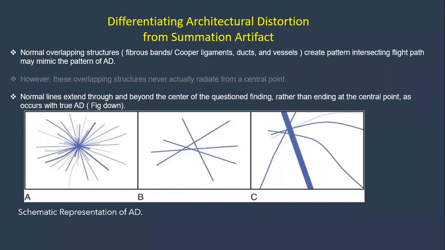Yes, sometimes there are challenging cases. It's difficult to say exactly what is this and what is that. But most of the time we have to tell. If we have a good high resolution image, we have to differentiate between architectural distortion and summation, or at least we have to know the principles.